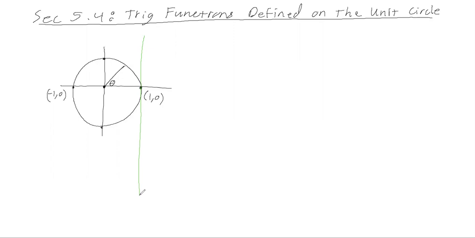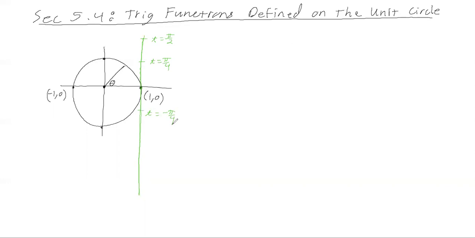Here's a t value of pi/4, here's a t value of pi/2. This portion is positive numbers, and this portion is going to have negative numbers. Maybe t is equal to -pi/4.